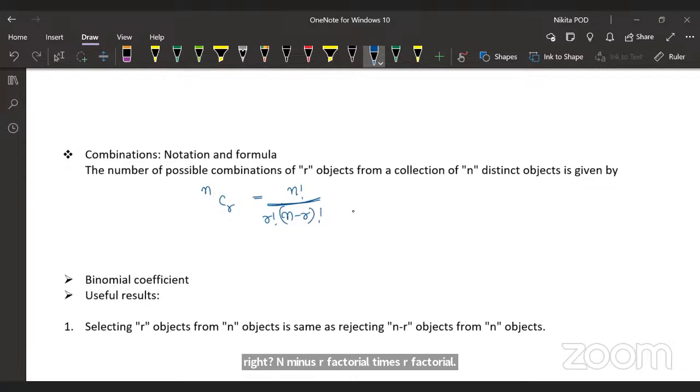If I remove this R factorial from here, this is nothing but nPR, right? So you select the objects and then R factorial is the number of ways to arrange those R objects. That's why we are multiplying by R factorial.